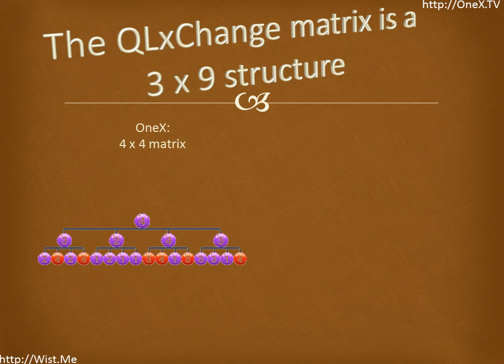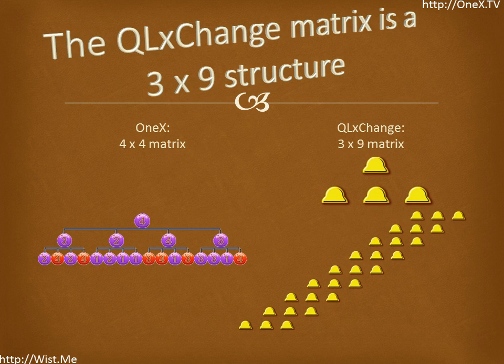So 4 wide, 4 deep, 4 on your first row and 4 rows deep. In QLxChange you have a 3 by 9 matrix, which means of course that you can have only 3 persons on your row 1 and you can have 9 rows.